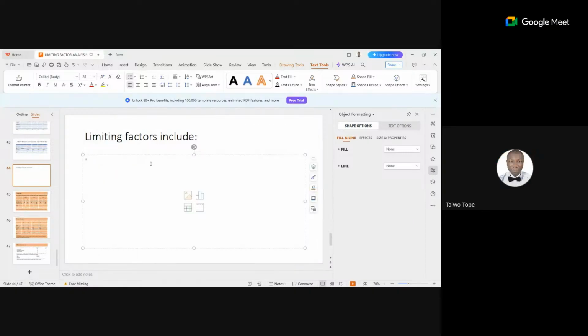Limiting factors include, one, limited skilled labor. We can talk about limited raw materials.